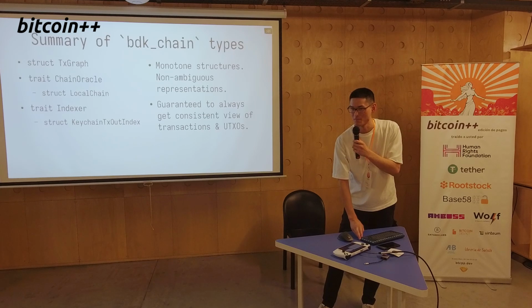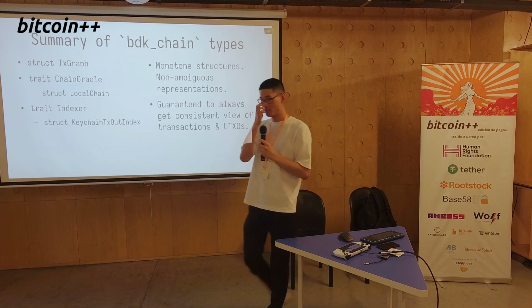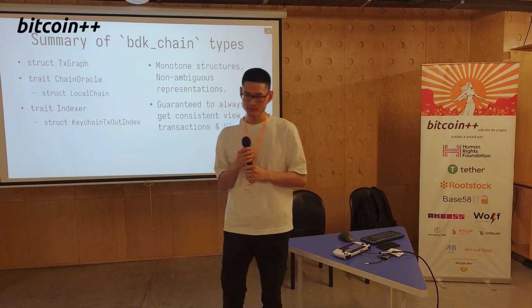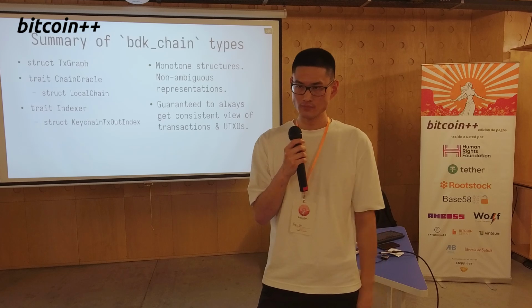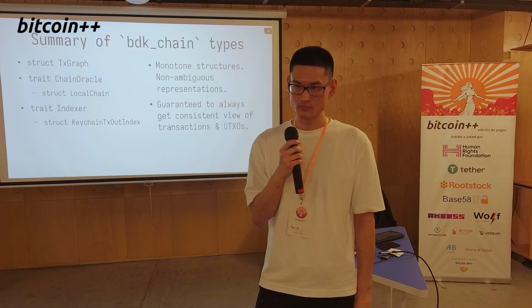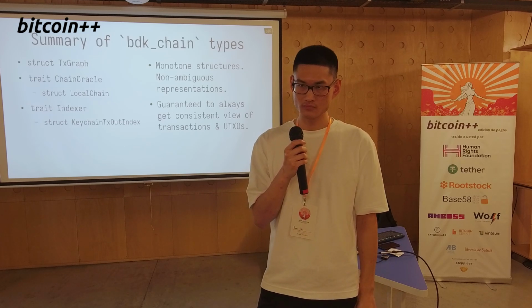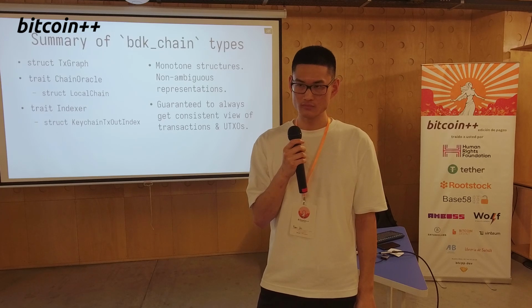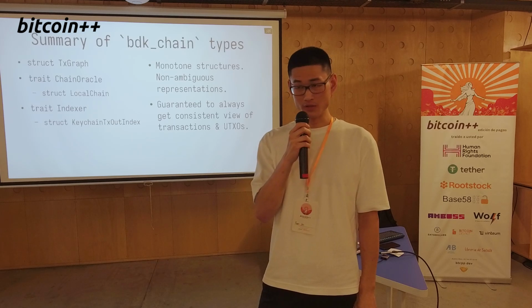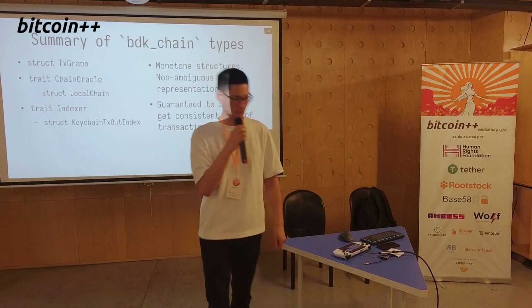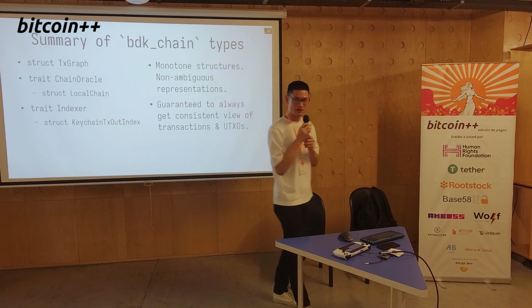Okay, another question. So I see BDK doesn't want to store the entire blockchain, too much data. Is there any other idea on the horizon as far as condensing blockchain data and maybe virtualizing the UTXO set? You mean like the UTXO set? There's the Utreexo project.